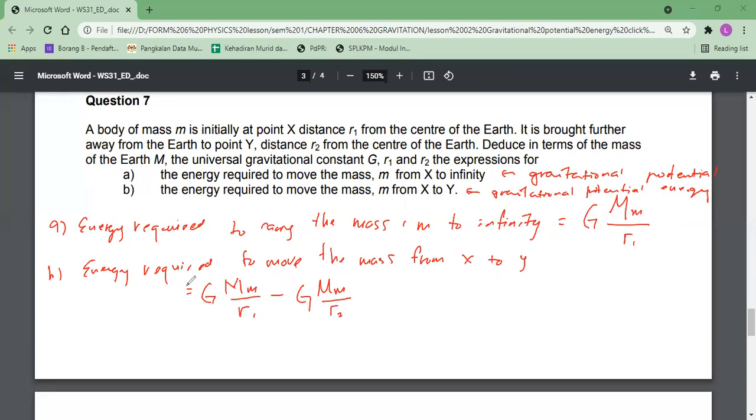Okay, R1 is at the surface of the Earth, right? So which one is initial? Initial is R1, final is R2. But after we use negative, at the end it becomes positive. So I think better I show it like that. It's easier.